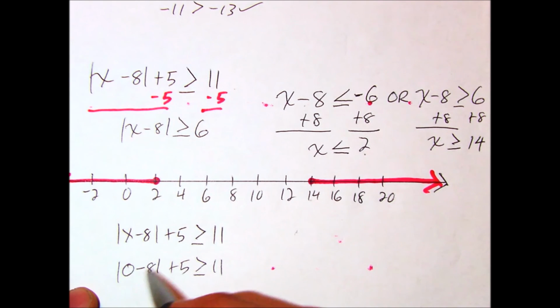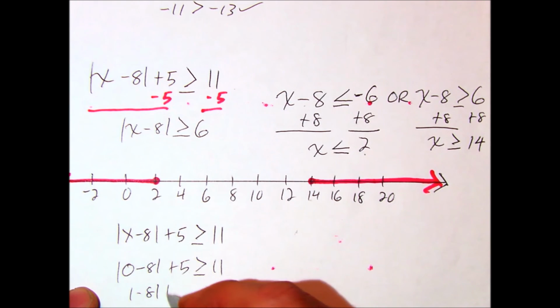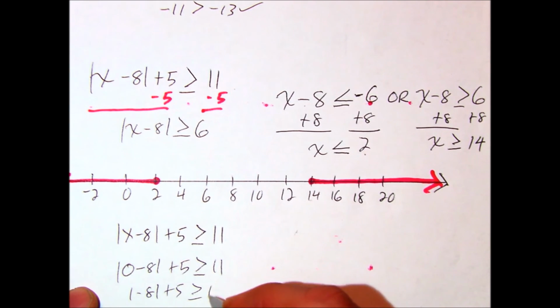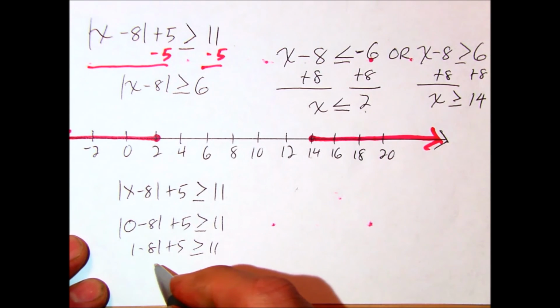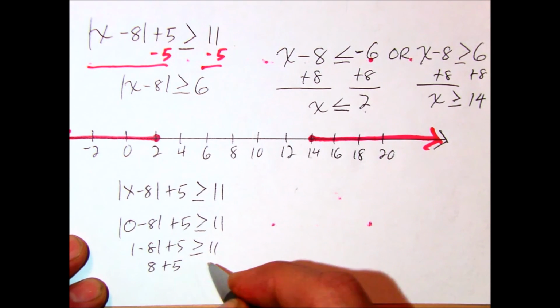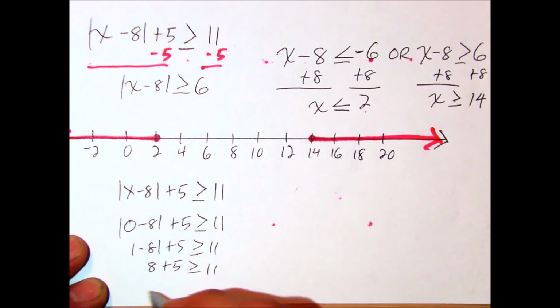So this is going to result in the absolute value of negative 8 plus 5 is greater than or equal to 11. The absolute value of negative 8 is, of course, 8 plus 5. 13 is indeed greater than 11.